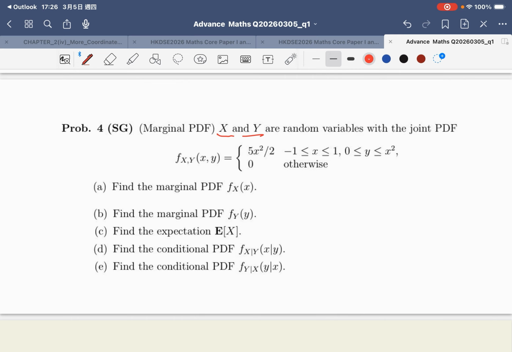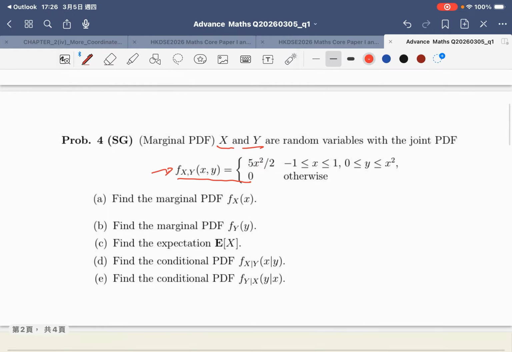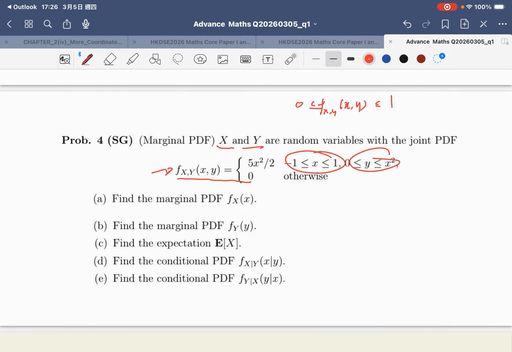There is a basic concept: for a function of two variables, each f(x,y) should be between 0 and 1. Of course, you can put in each pair of x and y and you will observe that property.